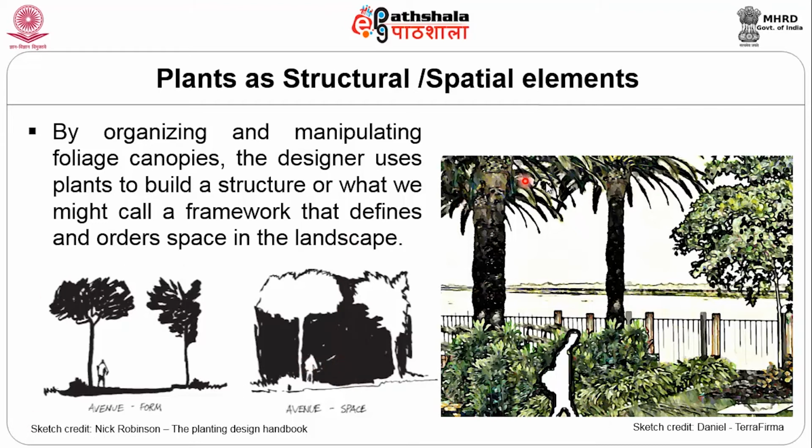Or else it could create frameworks to look at beautiful sceneries that are well beyond the domain of a particular user, or right behind his property. We could use plants to create that kind of a framework.